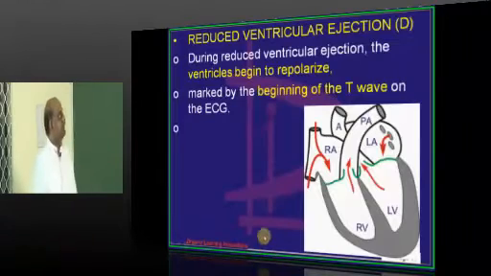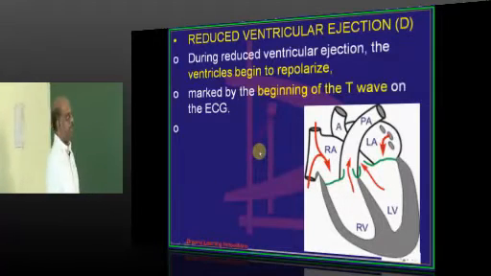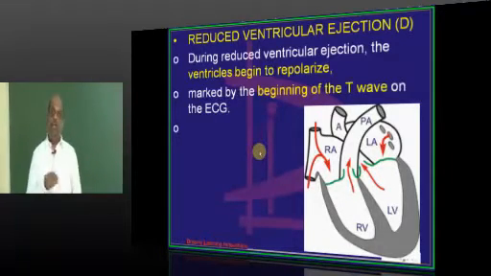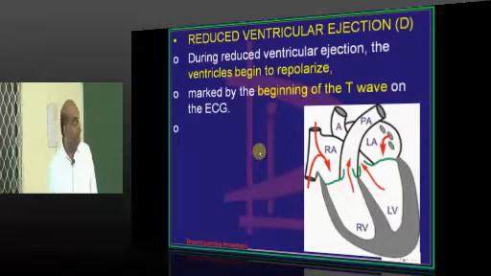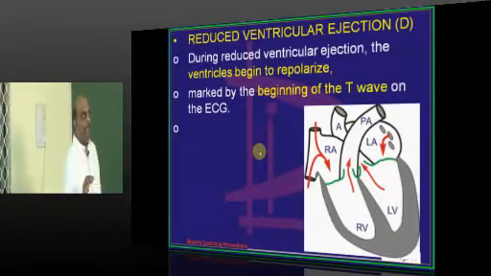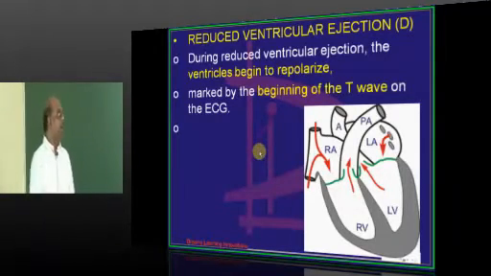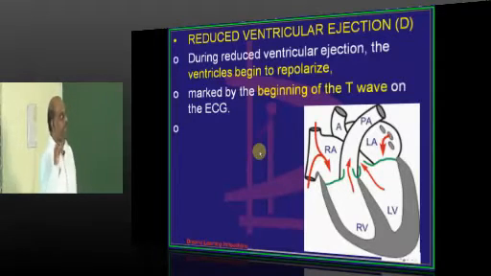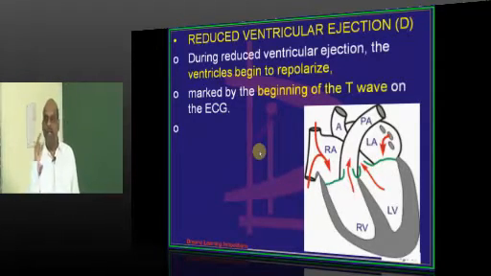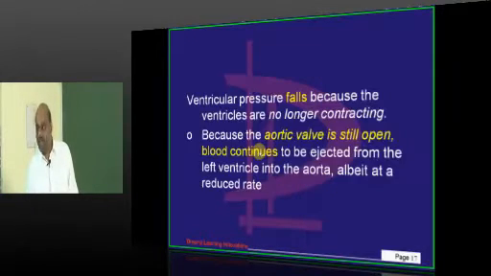And after the rapid ventricular ejection, there is a reduced ventricular ejection. It doesn't stop abruptly. During that time, the ventricles undergo repolarization. And the beginning of the T wave on the ECG marks the beginning of the phase of reduced ventricular ejection.